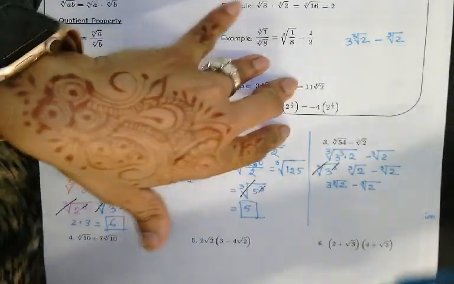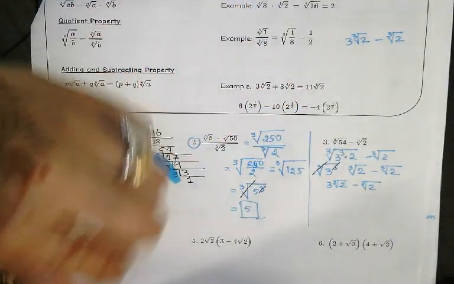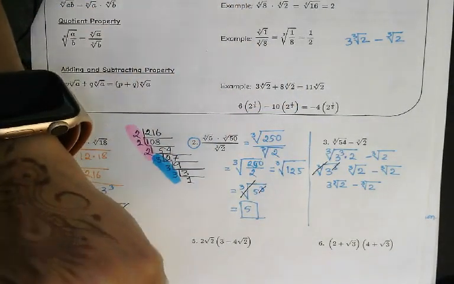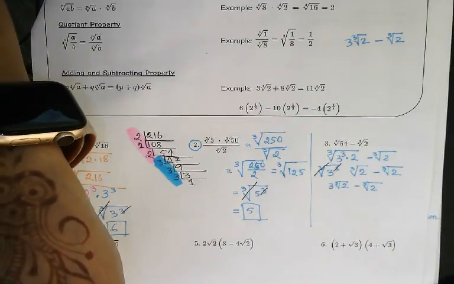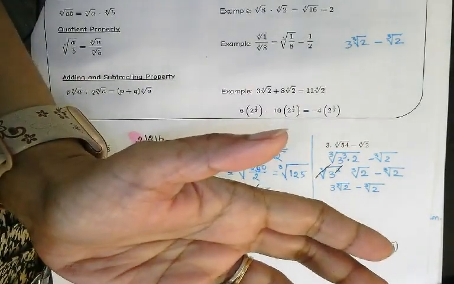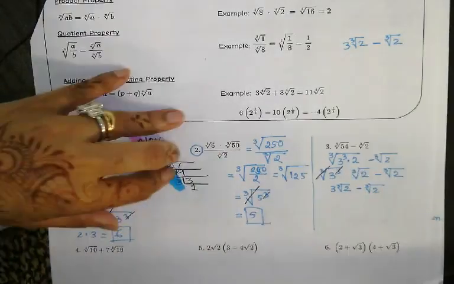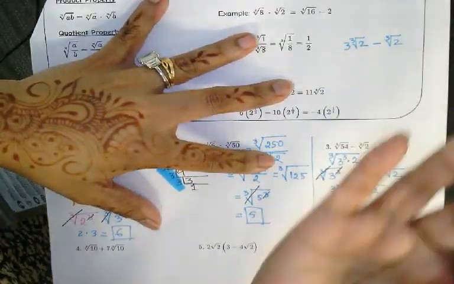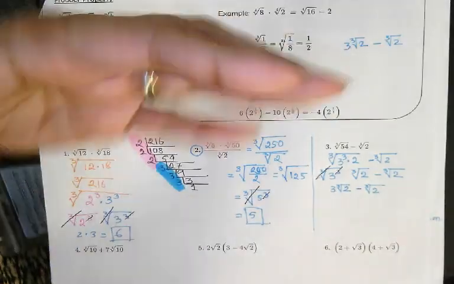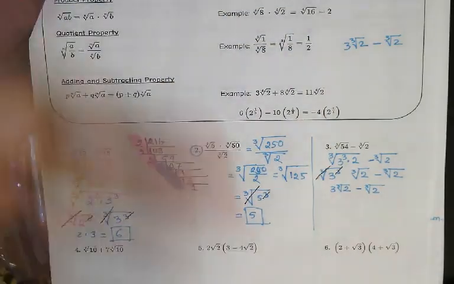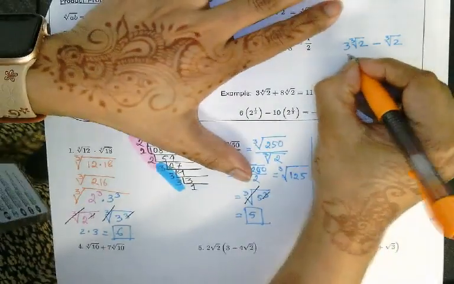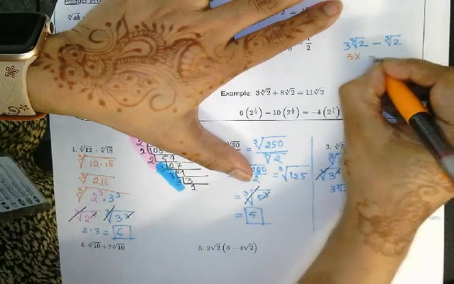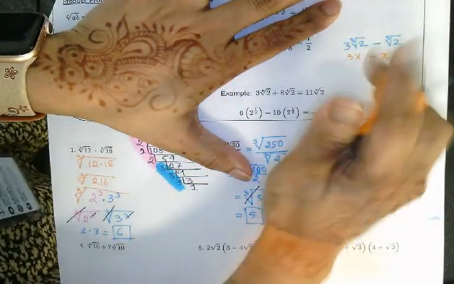Please pay attention. I can replace this with a variable. I'm just giving an example. This is not what you have to show. What if I write it as 3x minus x?